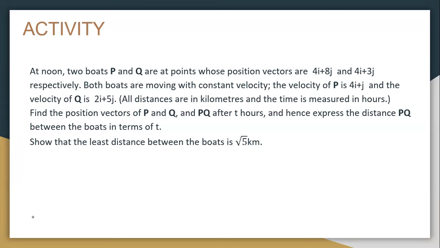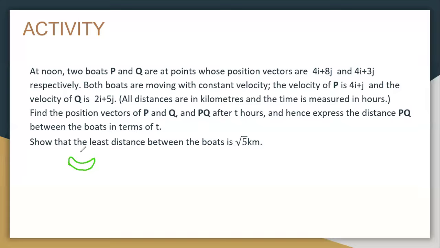Now we have two boats that started their journey at noon. We have boat P and boat Q, and they had position vectors. I'm going to first visualize it in terms of a diagram. We can first summarize our data, whereby this is our boat.